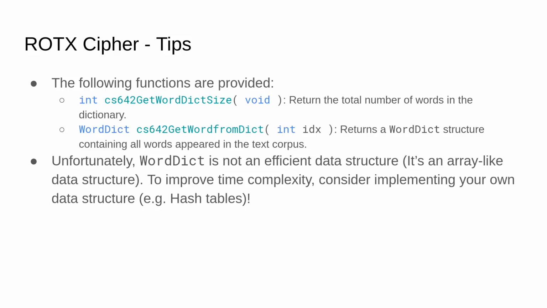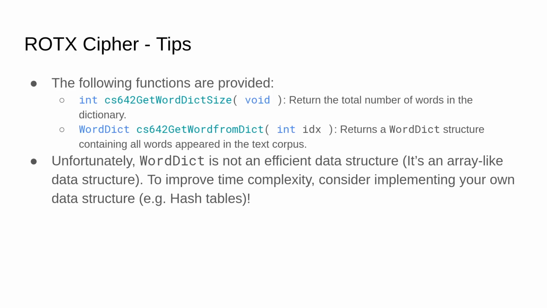First, the CS642 get word dict size function returns the total number of words in the dictionary. And the CS642 get words from dicts function will return the word dict structure for the corpus. Using these two functions together, we can get the size of a dictionary, and we can loop through every word and use them to look up the word count.